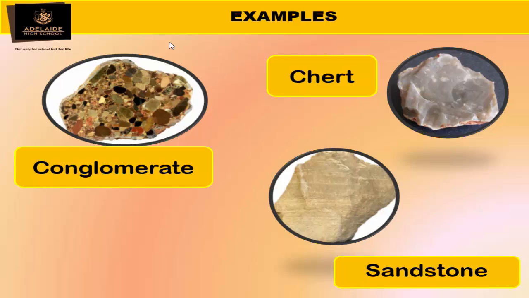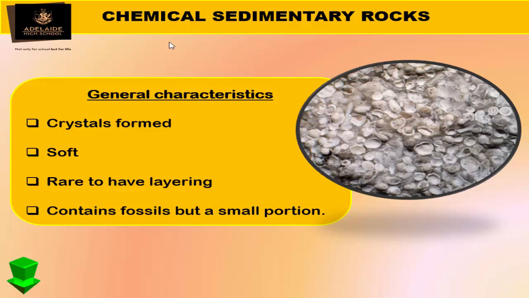So that's the first category. Second category that we are looking into is chemical sedimentary rocks. The picture over here on the right hand side is actually a rock with shells. And what are these shells here? What's the term that we use for all these rock particles that come together? Can anyone tell me that?